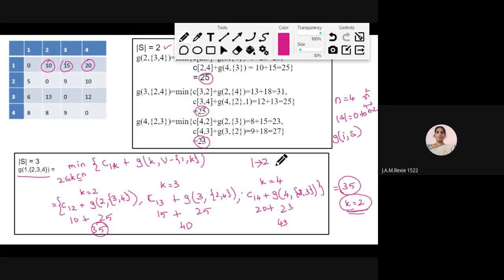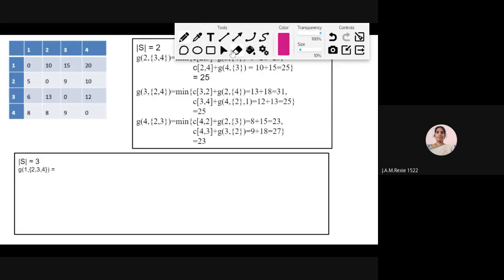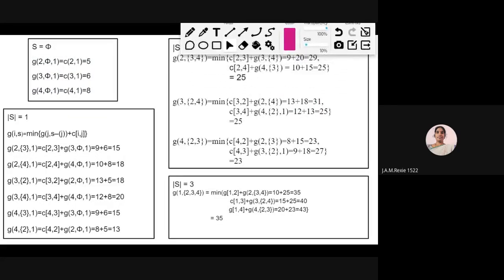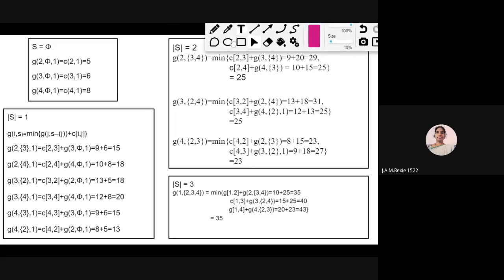I have to go through 3 and 4. So from 1, I have to immediately choose 2. And then from 2, the remaining vertices I have to travel are 3 and 4.